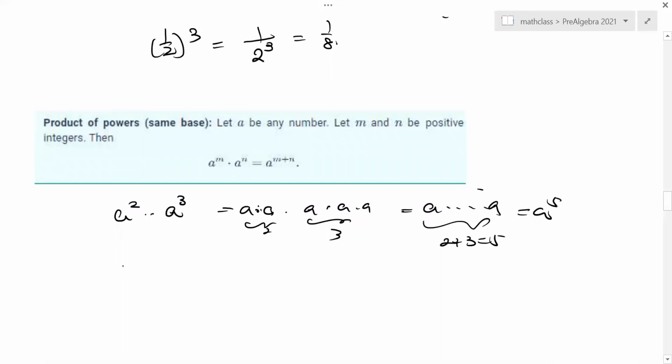Using this fact, a to the 2019 times a to the 2011, for example, you just add the exponents together, 2019 plus 2011, and that is going to be a to the 4030. So that is the answer.